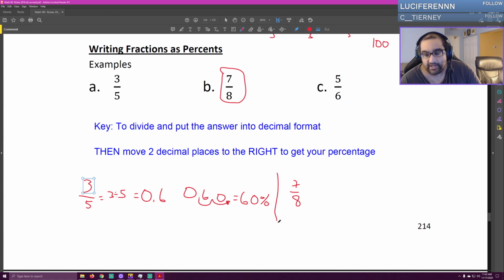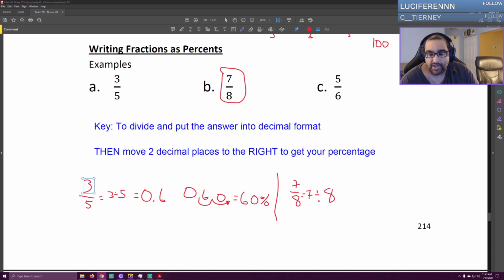What's 7 divided by 8? Again, you can put that in a calculator if you like. So you got 7 divided by 8, just straight up. What's that as a decimal? Decimal answer.